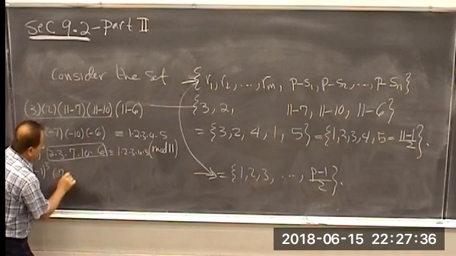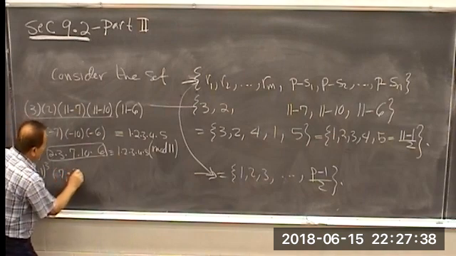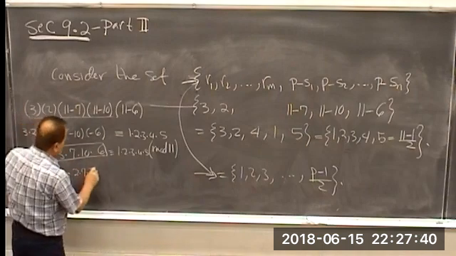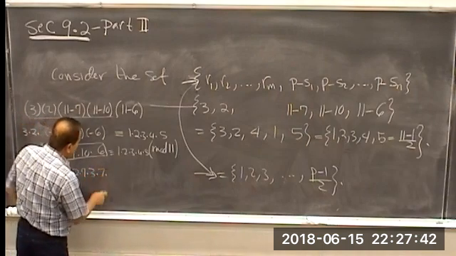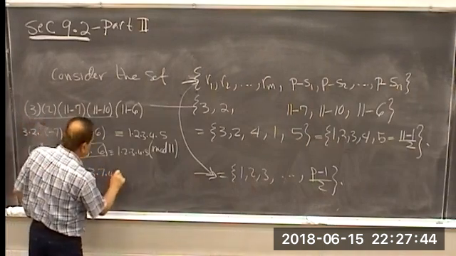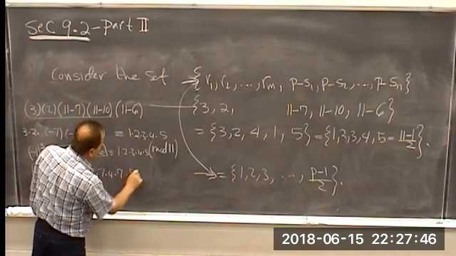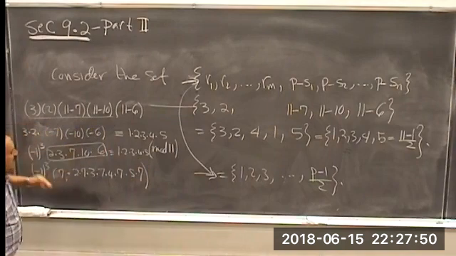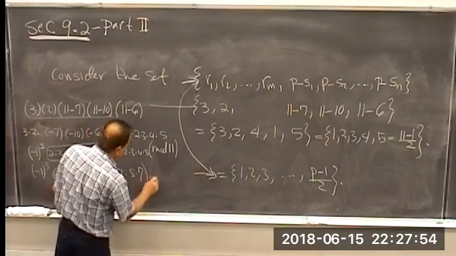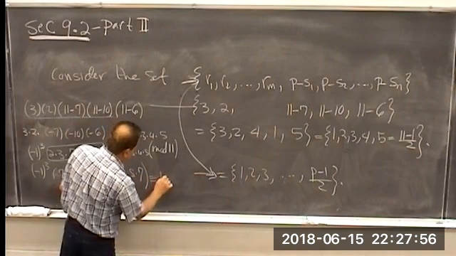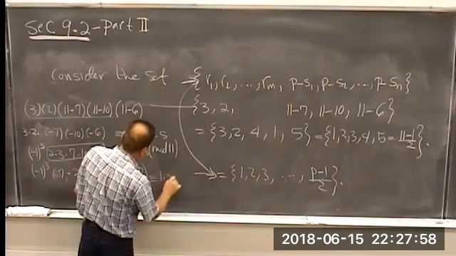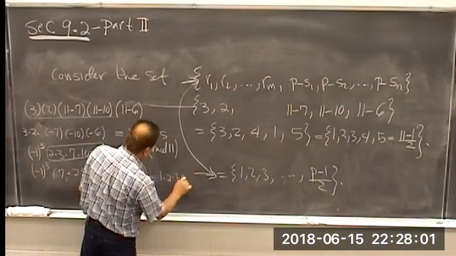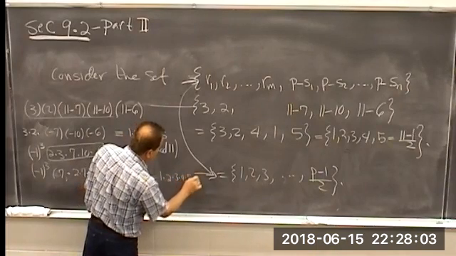Then we have multiplied by 2 times 7. Then we have 3 times 7. And then we have 4 times 7. And then 5 times 7. All right? Because these are the remainders, when we reduce mod 11, they give you the same numbers. And this one is 1 times 2, 3, 4, 5 mod 11.